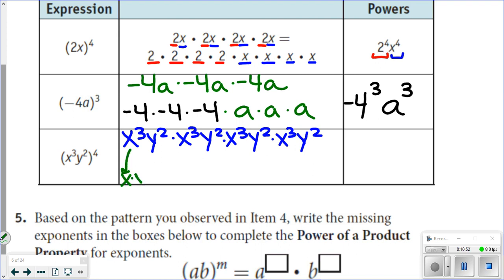So 1, 2, 3. 1, 2, 3. And then I'm going to squeeze in the y's wherever I have room, which is just 2 of them. So y times y.